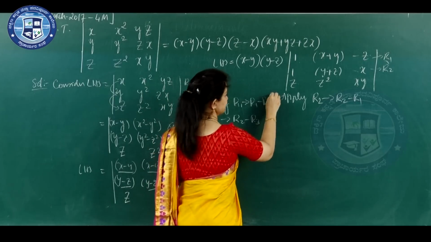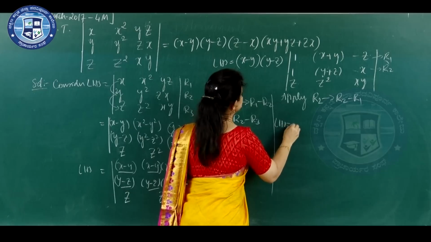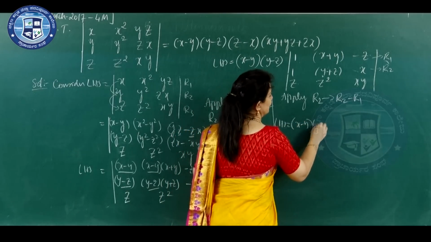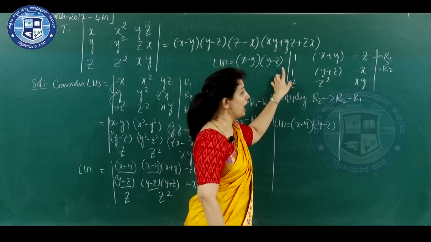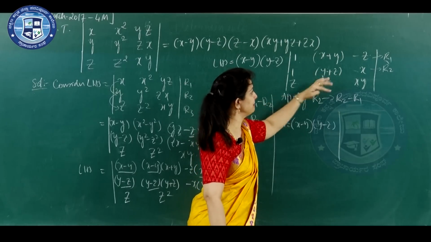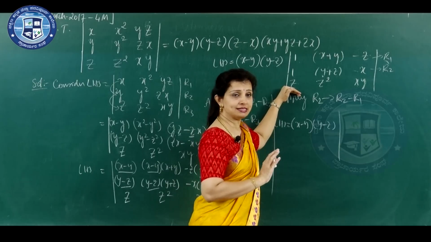Okay, so what is LHS? LHS equals the determinant with x minus y, y minus z, into R2 minus R1. So R2 elements are changing, the second row elements; the first and third row elements remain the same.